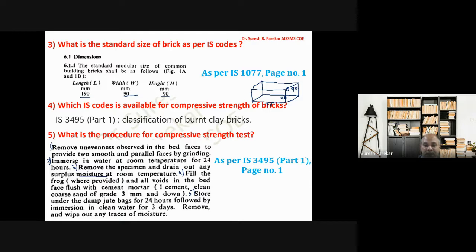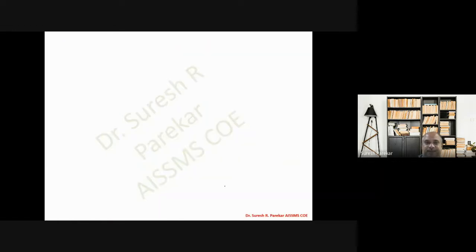And sixth, followed by immersion in clean water for 3 days. So after the jute bag 24 hours, we have to keep it in water for 3 days, and then remove and wipe out any traces of moisture. And these bricks are now ready for the compressive strength test.